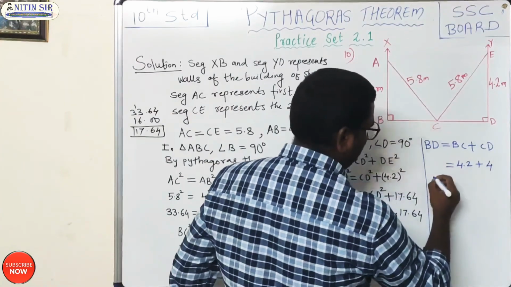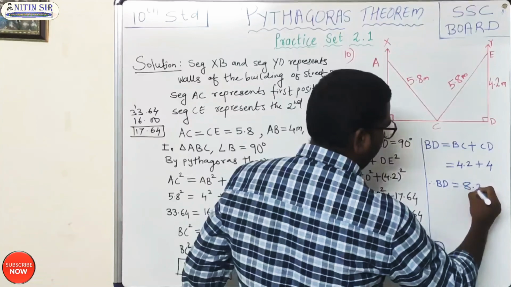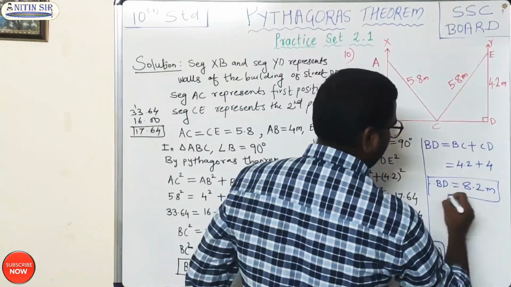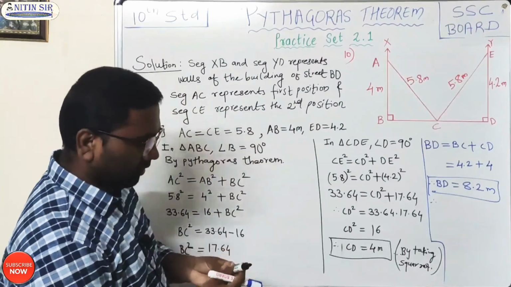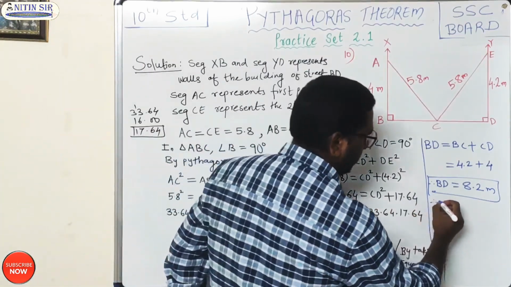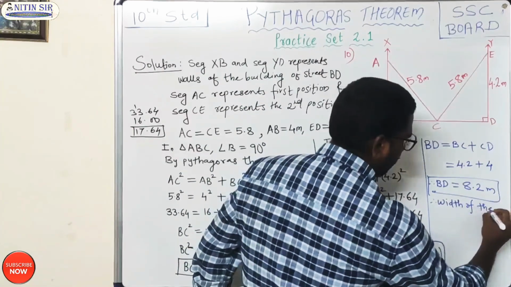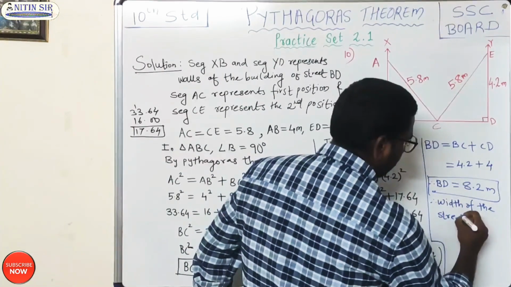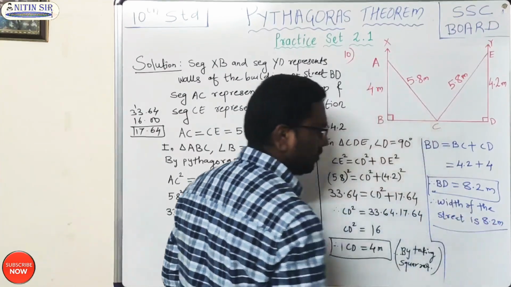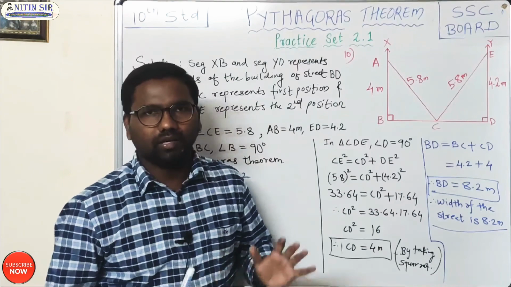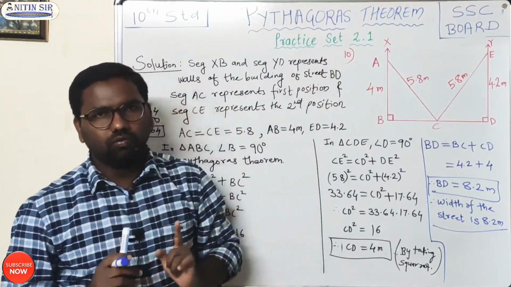So therefore BD is equal to 8.2 meter. This is your answer. So we can write therefore width of the street is 8.2 meter. So here we have done with the practice set 2.1 questions 1 to 10.